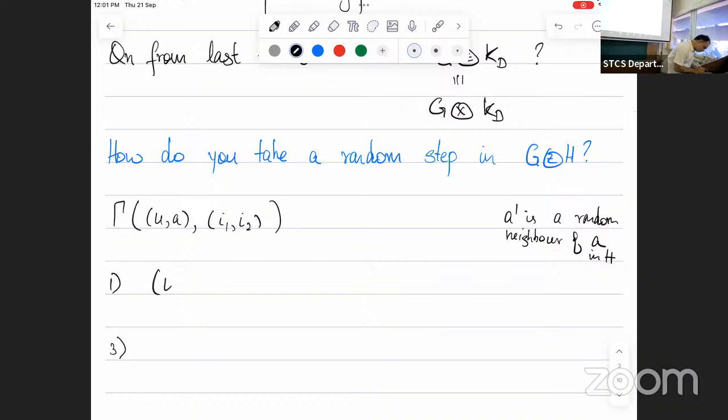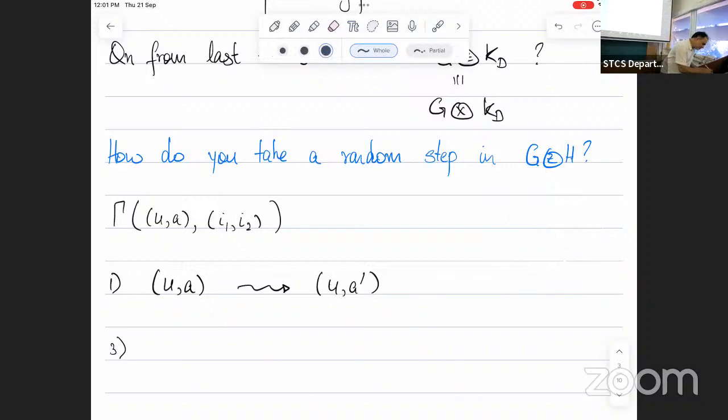So this U comma A, you mentally imagine this going to U comma A prime, where now this is not a random neighbor, but gamma H of A comma I1 equals A prime. That is, if I look at the I1th neighbor of the vertex A in H, it is some other vertex A prime.